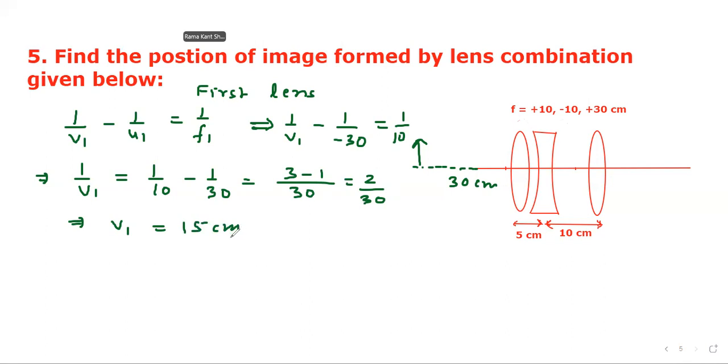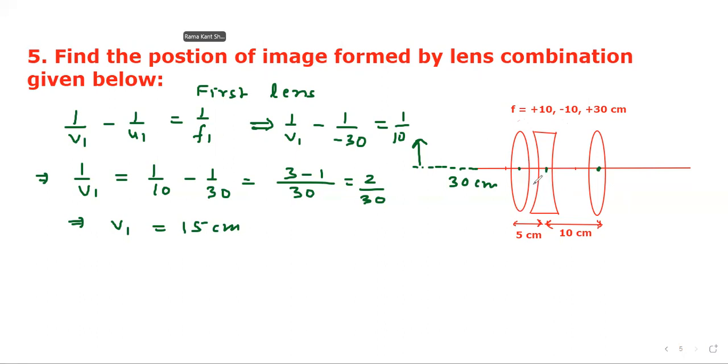So the image formed by the first lens serves as the object for the second lens. Image is formed at 15 centimeter from first lens, and the second lens is placed at distance 5 centimeter from first lens. So we can say that the image formed by first lens will be 10 centimeter away from second lens, and that will behave like object for second lens.